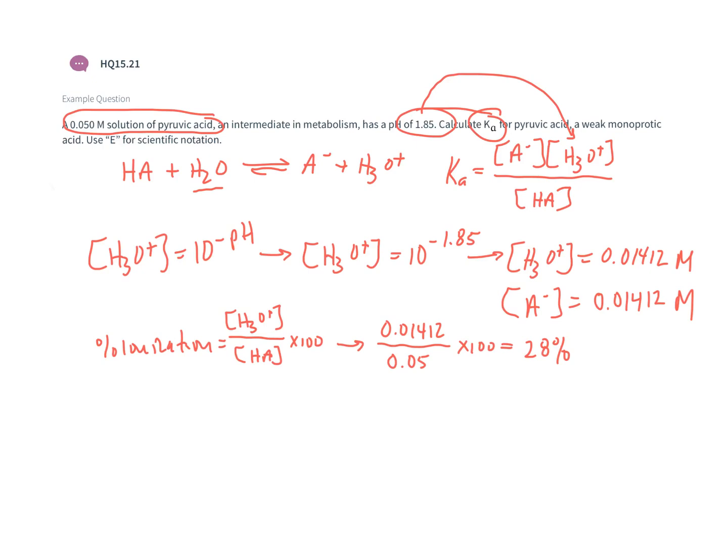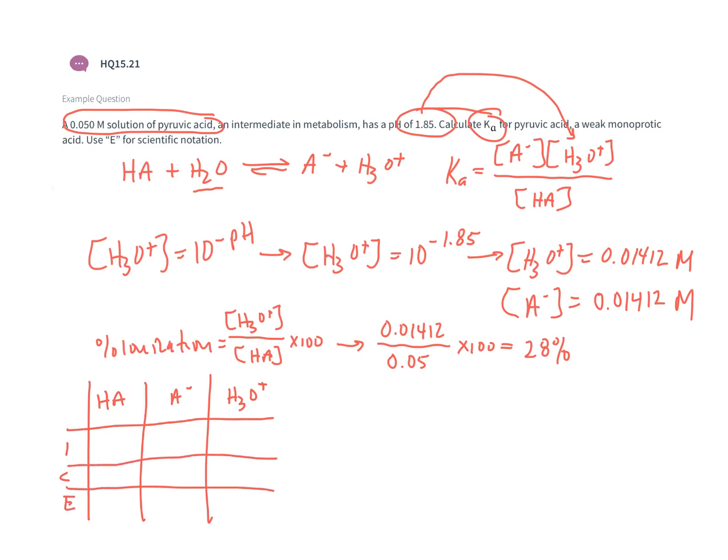So if we were to set up an ICE table where I have HA and I have A- and I have my hydronium, I have my initial, my change, my equilibrium concentrations.